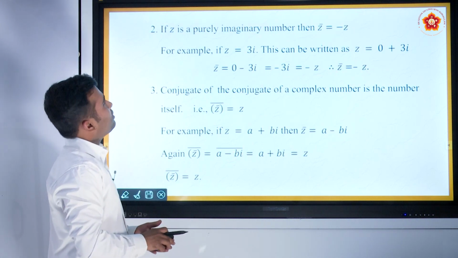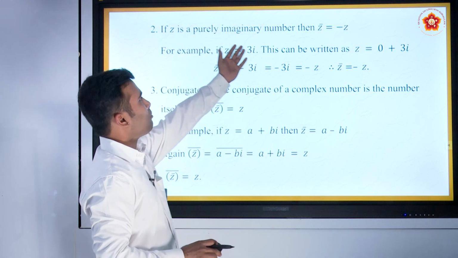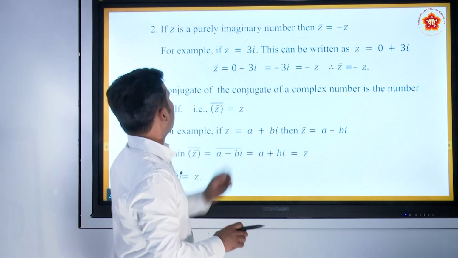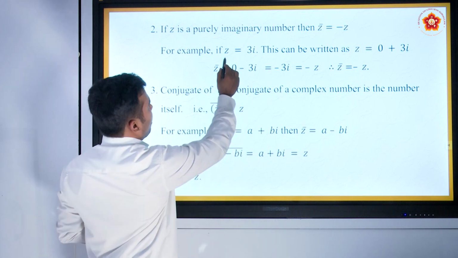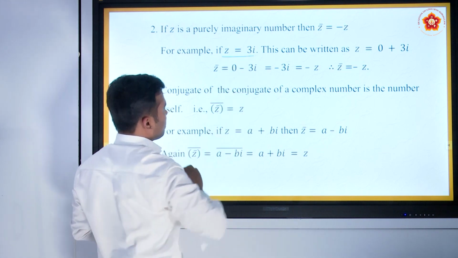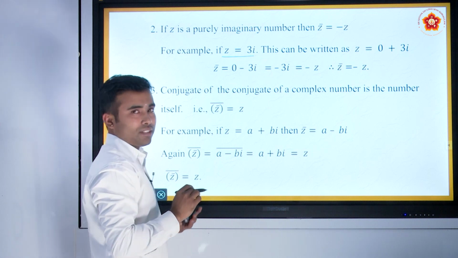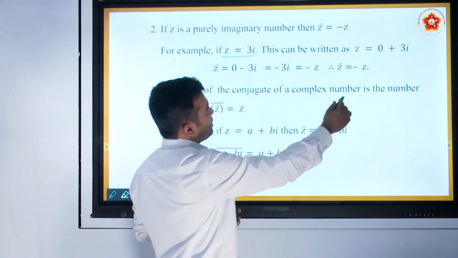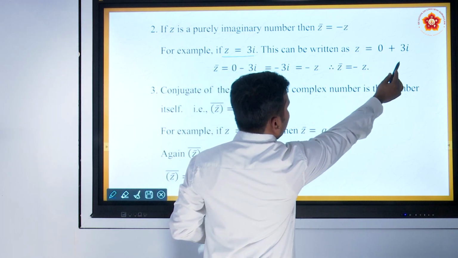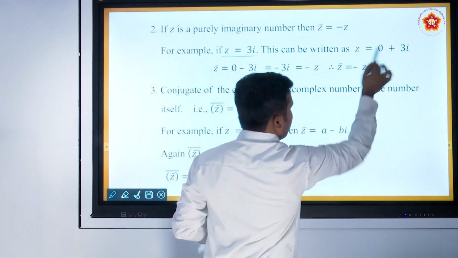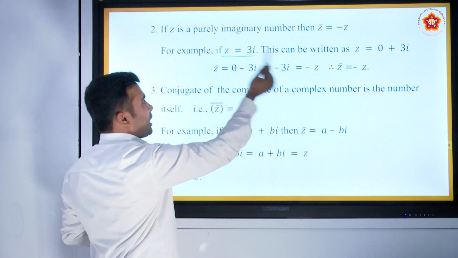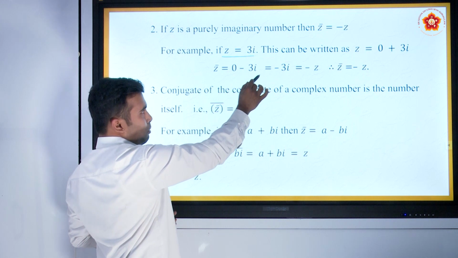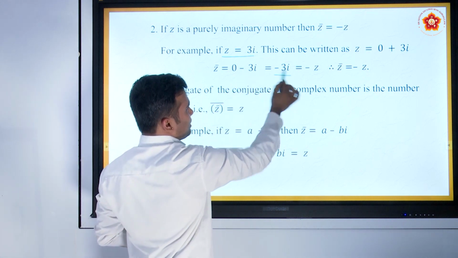Next, another one: if z is purely imaginary, then z bar is equal to minus z. Here I have taken the complex number z equal to 3i, which is purely imaginary, and that can be written in the form a plus bi as 0 plus 3i. Its conjugate will be z bar equal to 0 minus 3i, and this will be equal to minus 3i.